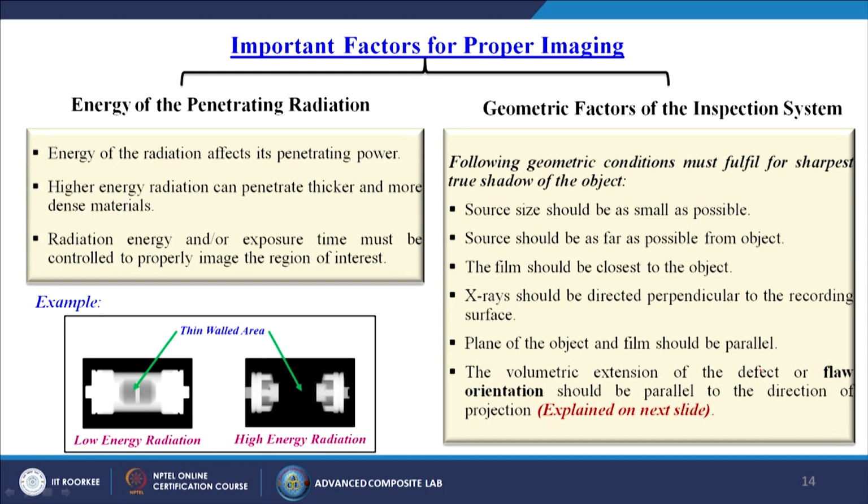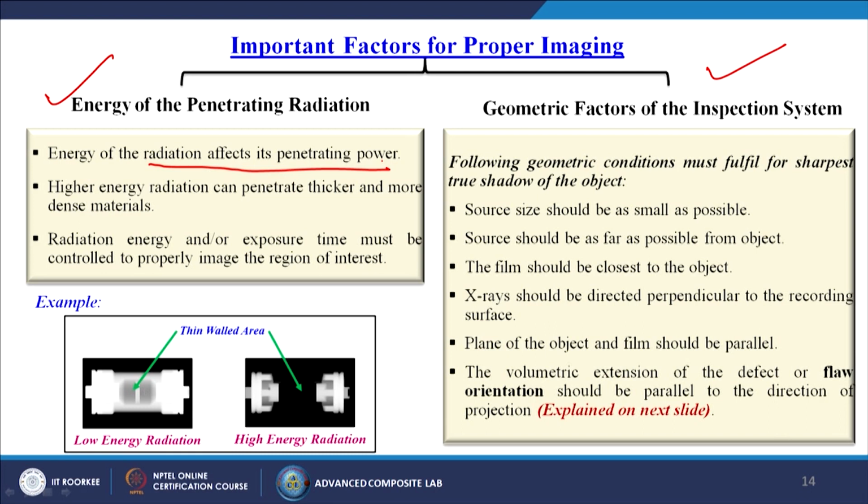Now, come to the imaging. We have already gone through the sources. Now, how to take the image? First, it is divided into two parts depending upon important factors. One is the energy of the penetrating radiation, and the other is the geometric factors of the inspection system. The energy of the radiation affects its penetrating power.